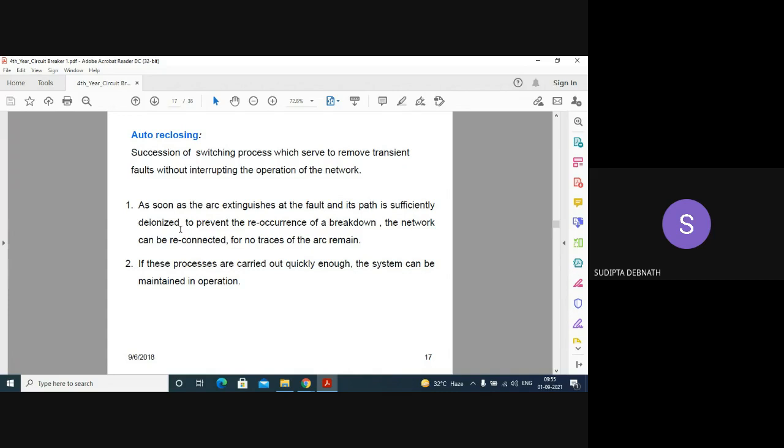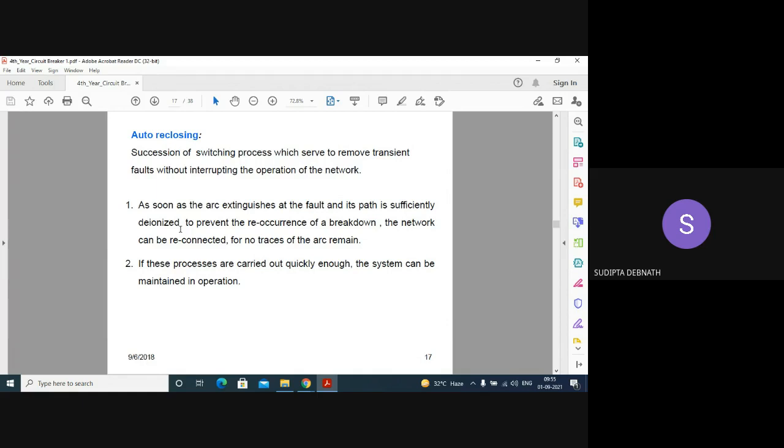When the contacts are open, due to high voltage gradient or very high temperature, some ions and electrons will be there. So the path is full of ions. Okay, so an arc will be there. Clear? So after the arc is completely extinguished, then only the circuit breaker should be reclosed.